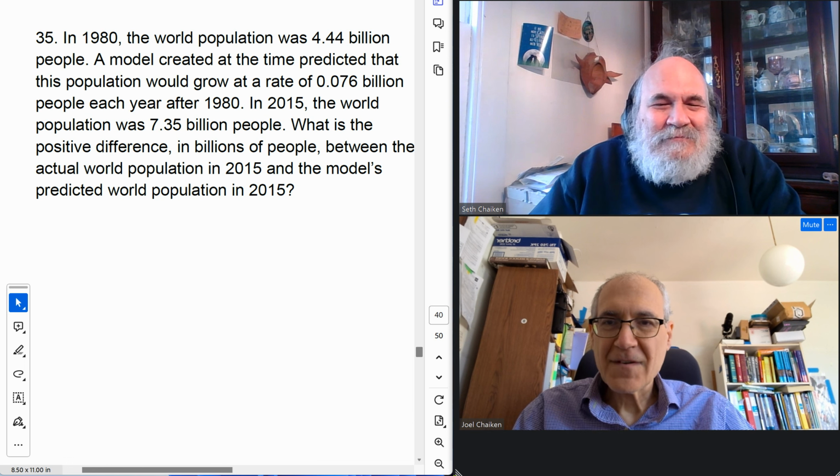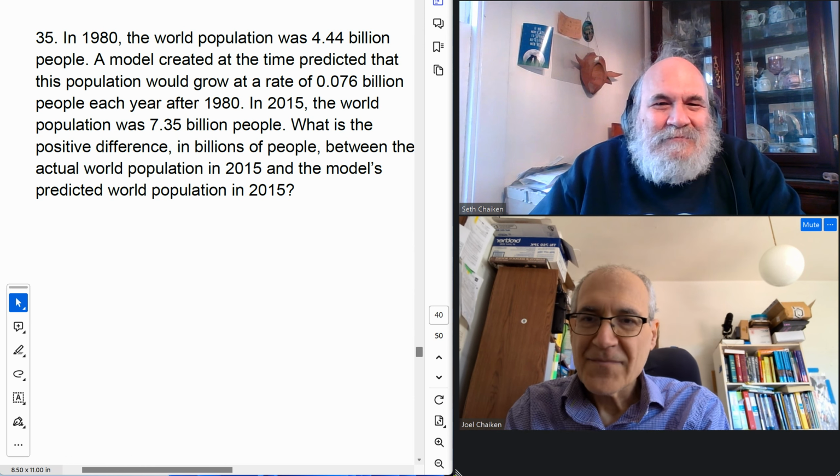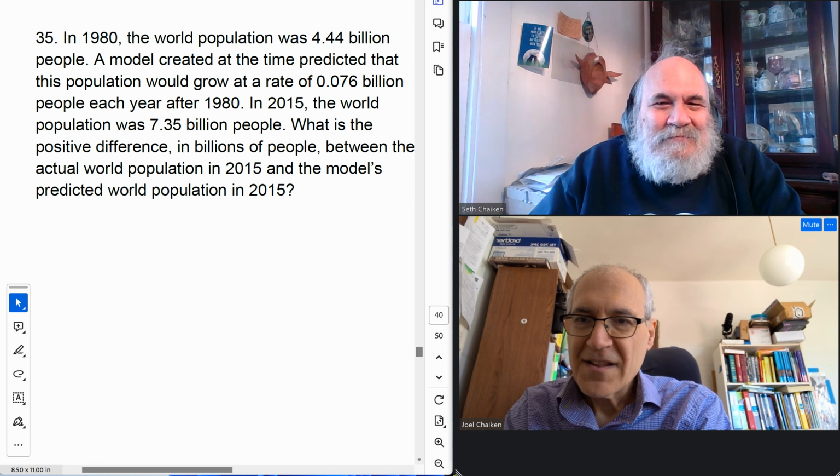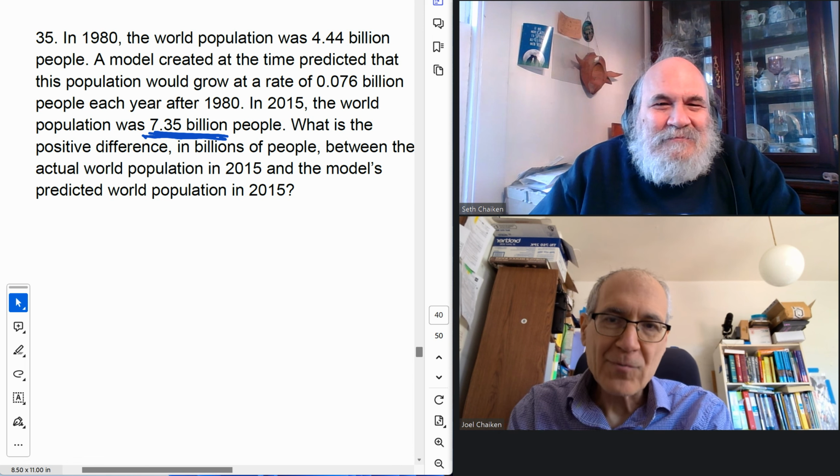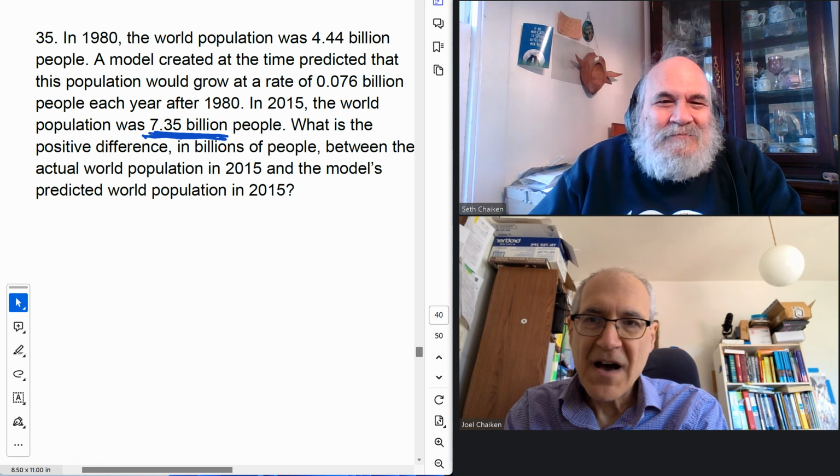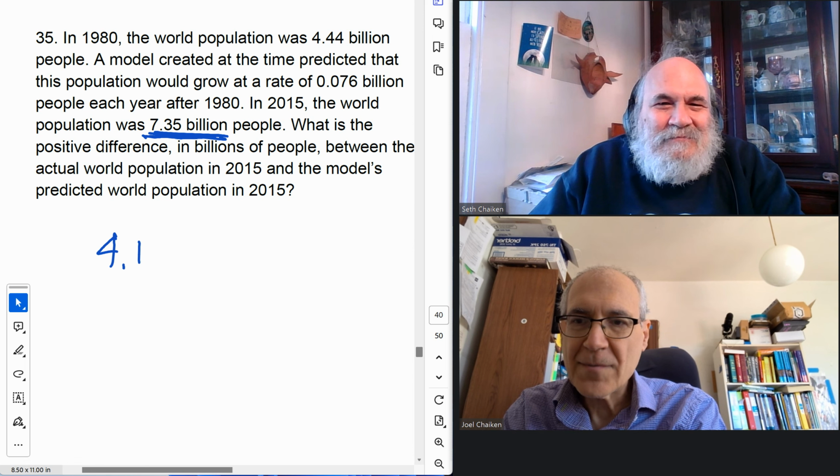Okay, fine. So they want us to compare the actual reality to what the model would predict. And the model predicts that it's 4.44 billion plus 0.076.